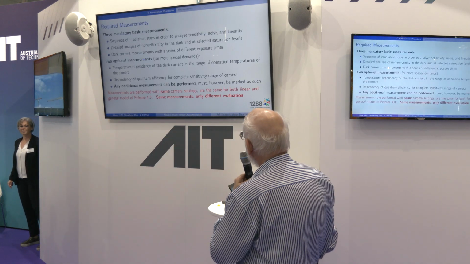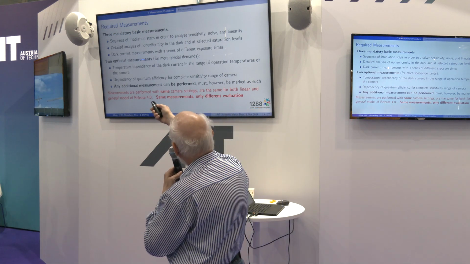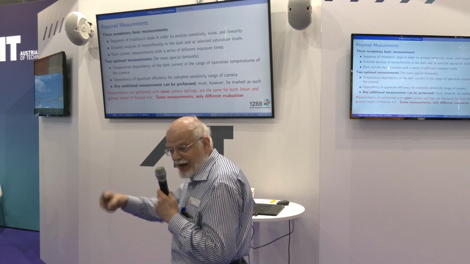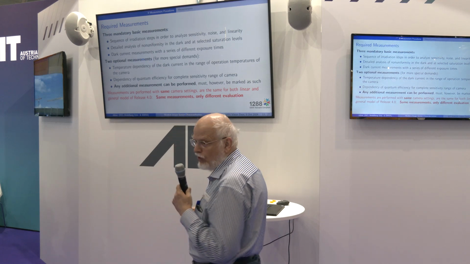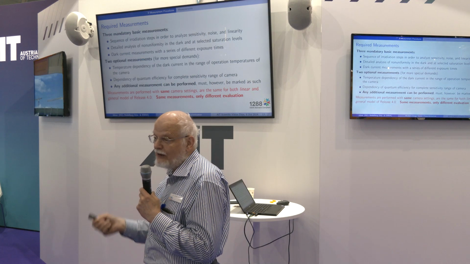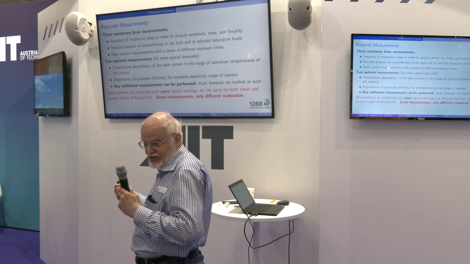As for the measuring procedures, what we have to do is take a sequence of irradiation steps from dark to saturation. For non-uniformity, unfortunately, we have to take many images because we have to suppress the temporal noise. There's no other way than averaging.